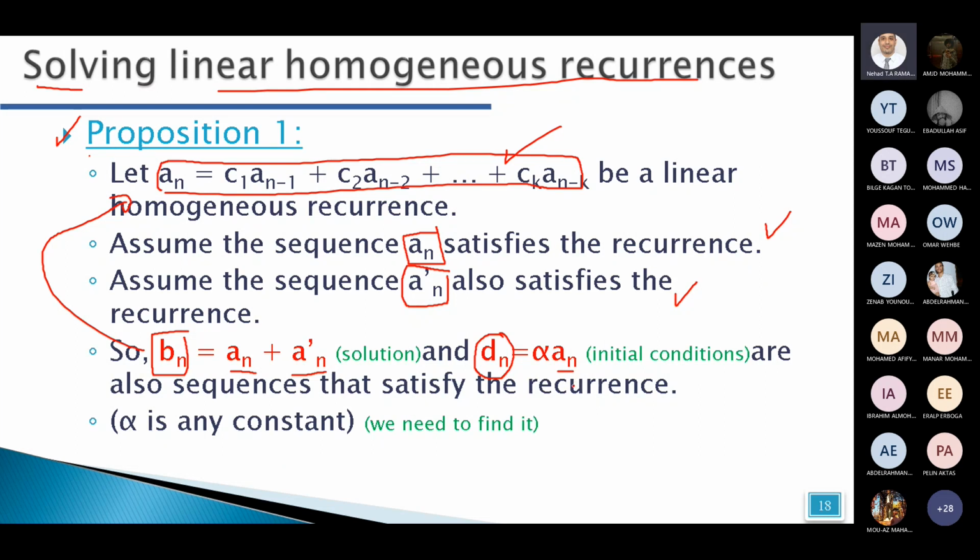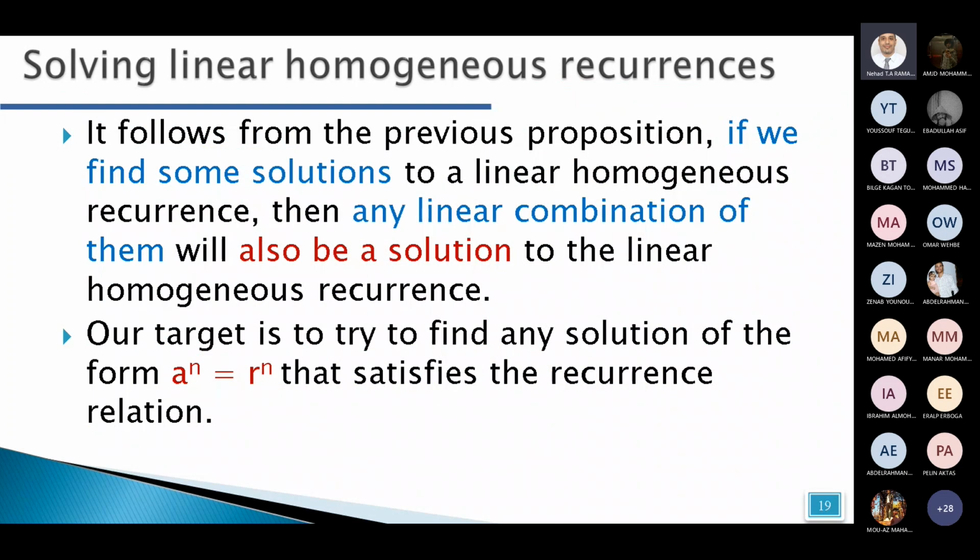If we have two solutions, then the first is alpha multiplied by a_n, the second is alpha multiplied by a-prime_n, and so on. This alpha is the constant we need to find. What's the meaning of all this? Don't be confused. Let's take examples. By examples it will be clear, inshallah.